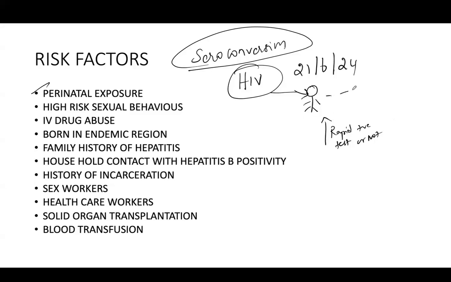As time goes by, you are testing him again on 21/9/24. If you test him, will he now test positive or will he now test negative? He will test positive.